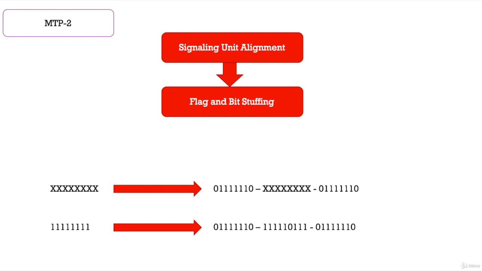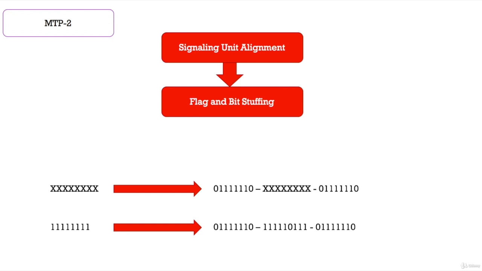This process is called signaling unit alignment, and the flag that is used for it has to be an agreed upon flag by both the signaling entities, and once it receives that flag, it will trigger the actual reception of the packet.